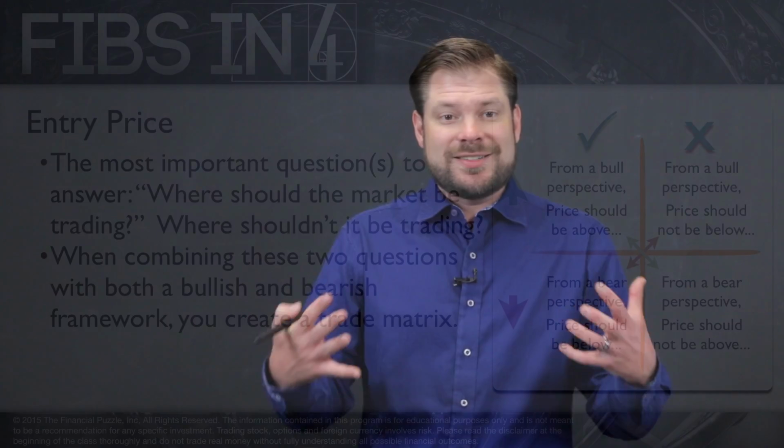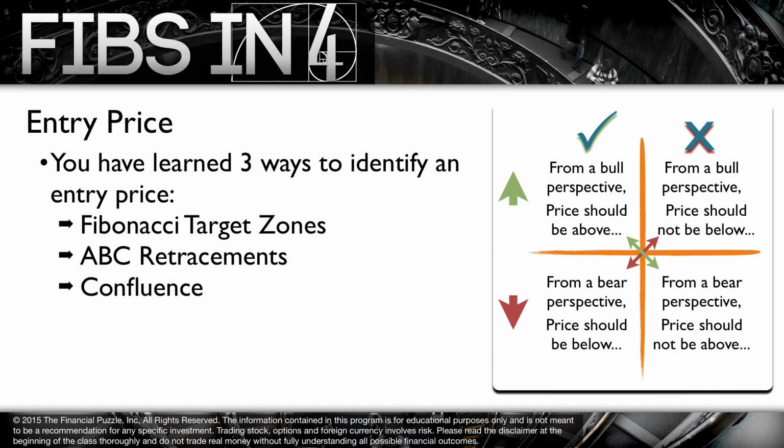Now, when you start discovering where each of these zones are, you have all kinds of information at your fingertips. And we're going to do an example here in just the next video. And I've already given you some tools for identifying where these framework zones should be. You already understand Fibonacci target zones. That's one of the easiest ways to answer these two questions. You already understand ABC retracements. Again, another good way to answer these questions.